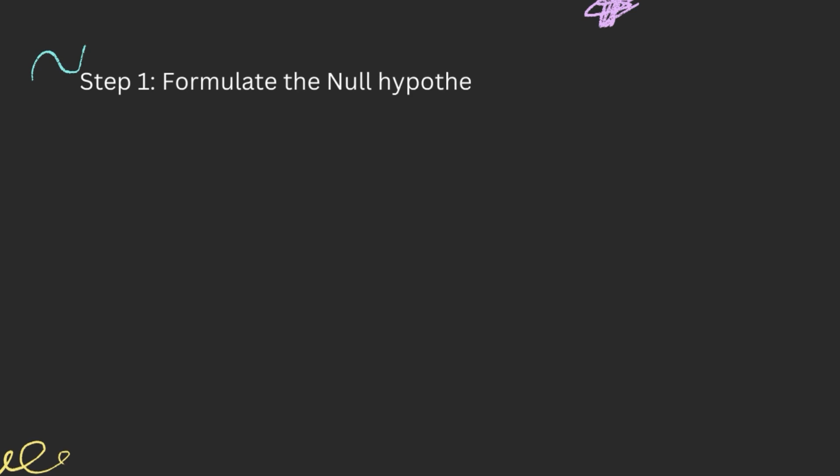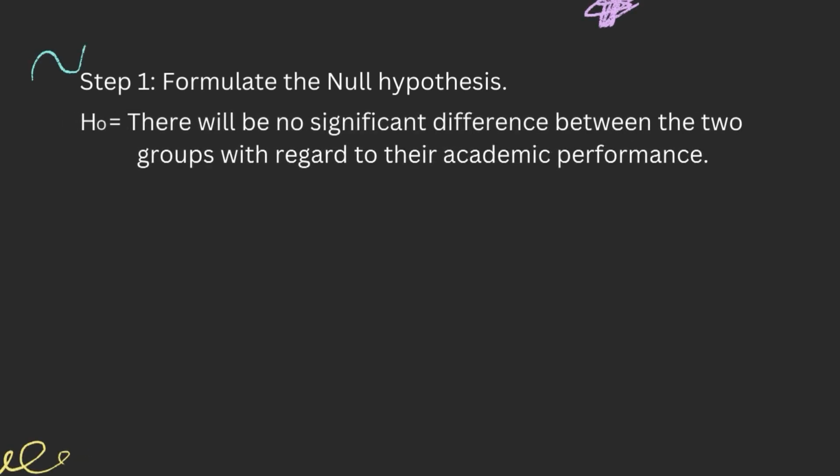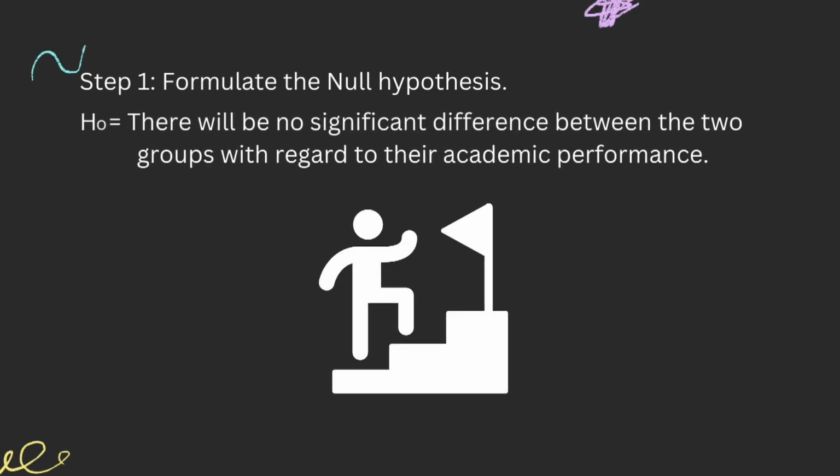The null hypothesis for this particular example would be: there will be no significant difference between the two groups with regard to their academic performance. And what would be the alternative hypothesis? The alternative would be the opposite of the null hypothesis: there would be a significant difference between the two groups of teaching method with regard to their academic performance.